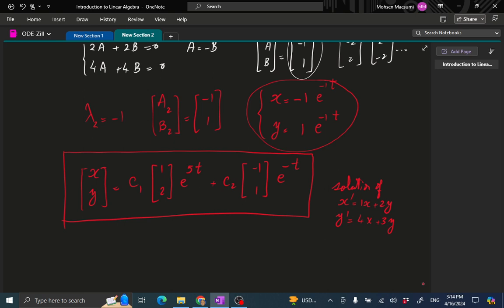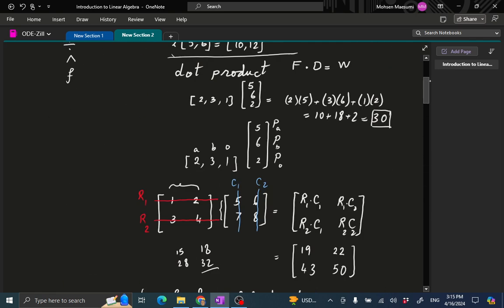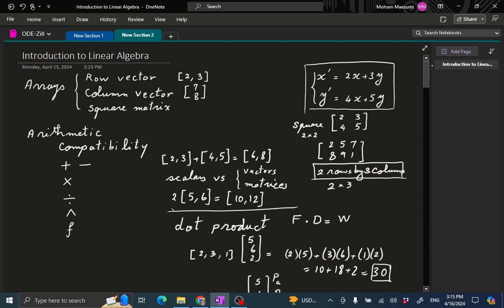Okay, so we compressed linear algebra and its application to differential equations into one lecture, so it's a rather dense lecture. Let's go from the beginning. We talked about arrays, row vectors, column vectors, and matrices. Pretty much all the time we are working with square matrices.